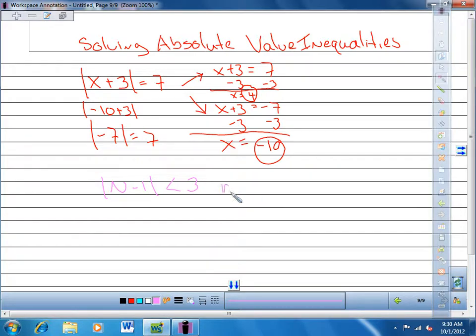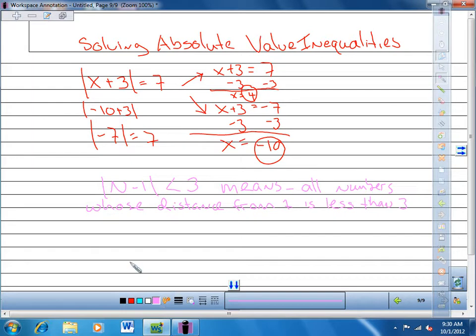So what this means, in words, is all numbers whose distance from 1 is less than 3.